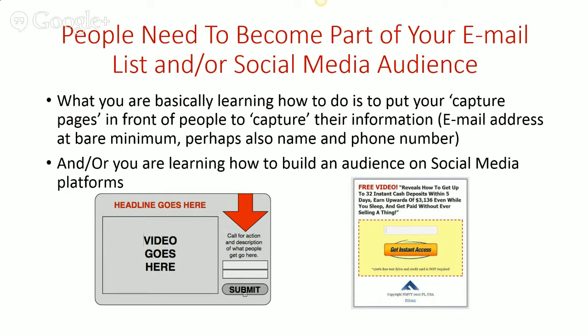So, for example, and this is more advanced, you can download your email list and upload that audience onto Facebook, and then you could put your offers, for example a page post ad, in front of the people who are on your email list.